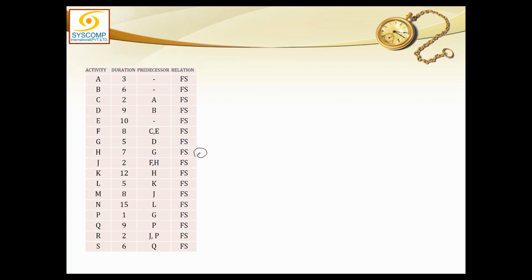So I have got E, B and A, B and E. So this could be my A, this could be my B, and this could be my E. Right.